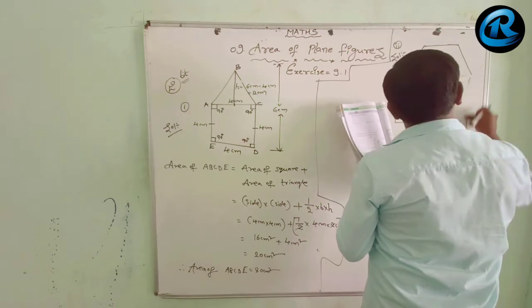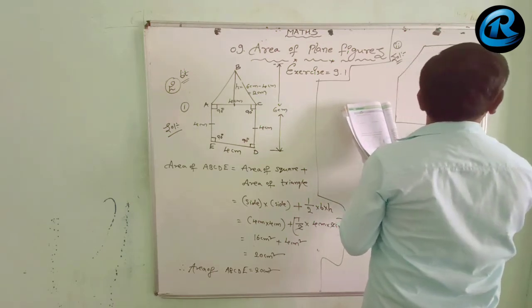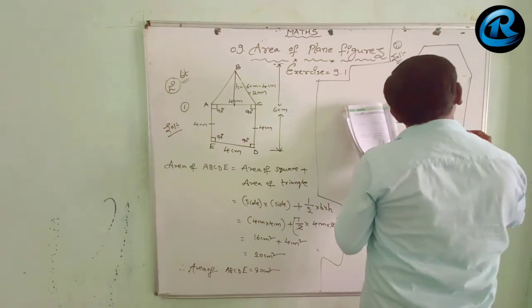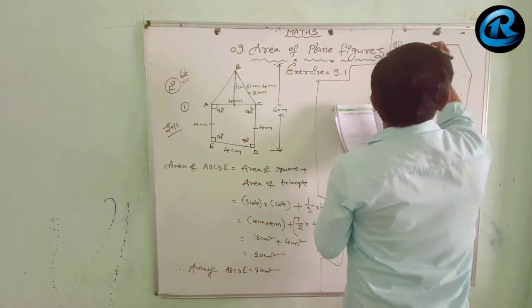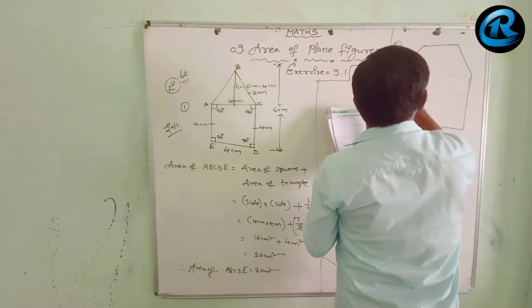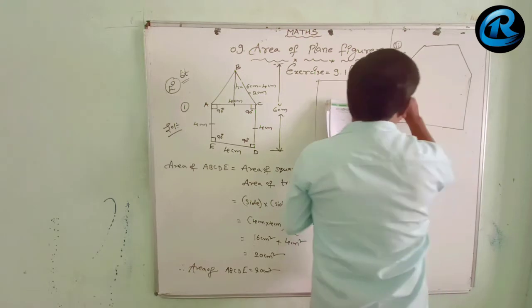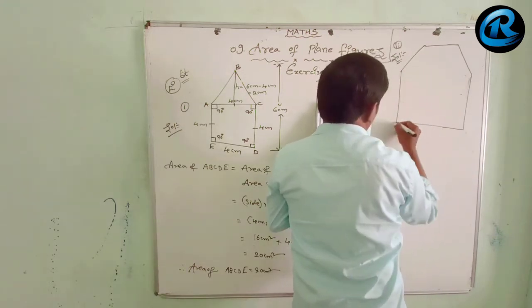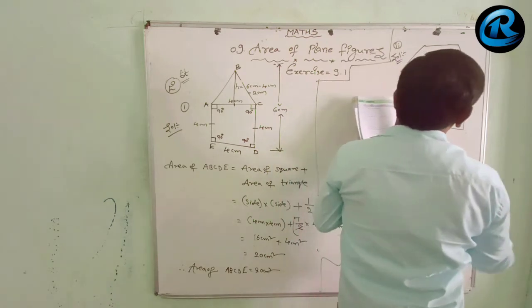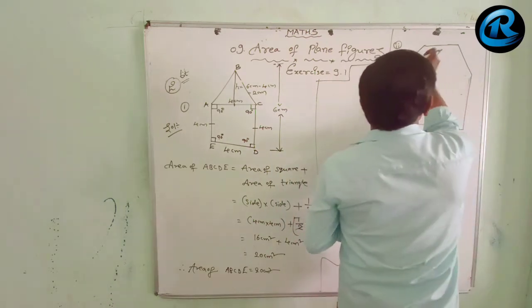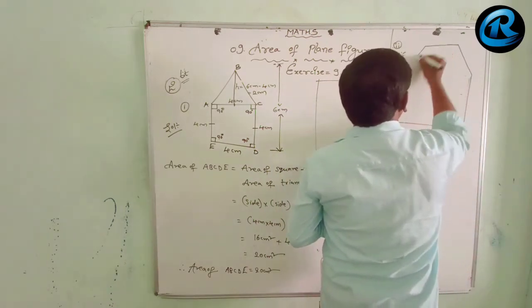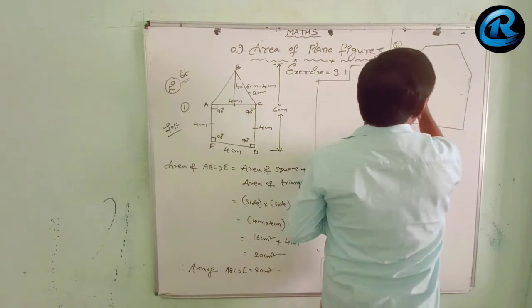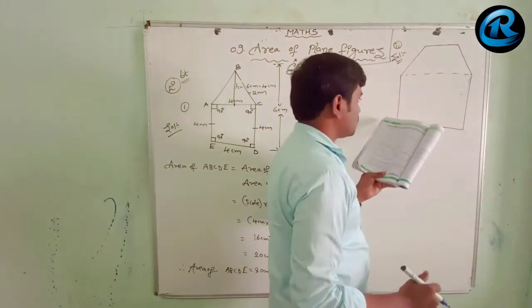First, we will divide it into known figures. How to divide into known figures? Just now we have done it in the previous questions. Okay, it is not coming very well. Let's just adjust.